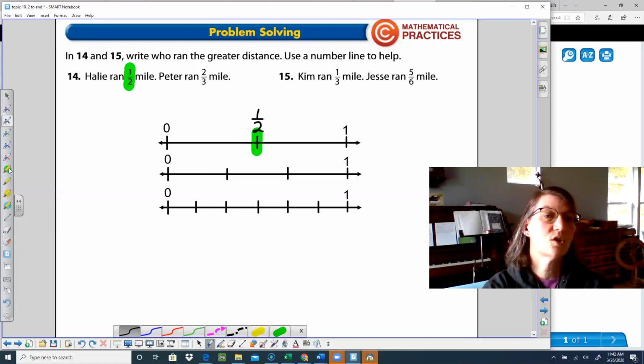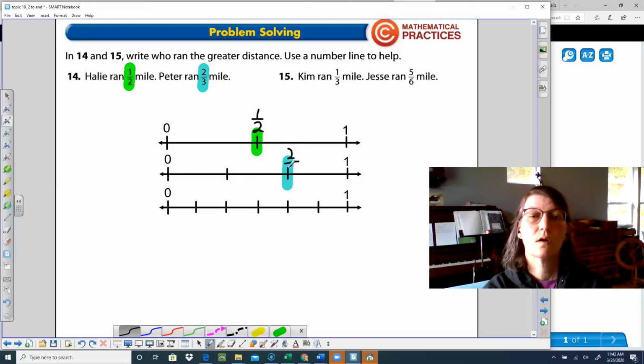Peter ran 2/3. Oh, let's make Peter blue. That's my brother's name. Okay, so Peter 2/3. Hopefully you notice that I cut this number line into thirds. So 1/3, 2/3. Let's please label that one 2/3. Okay, that's not the neatest job in the world.